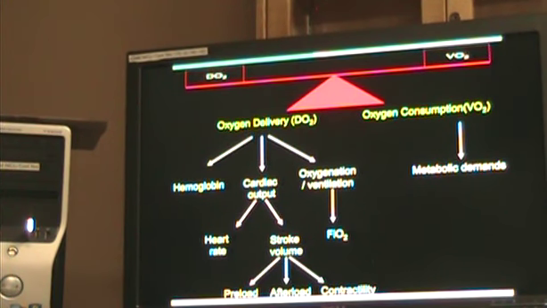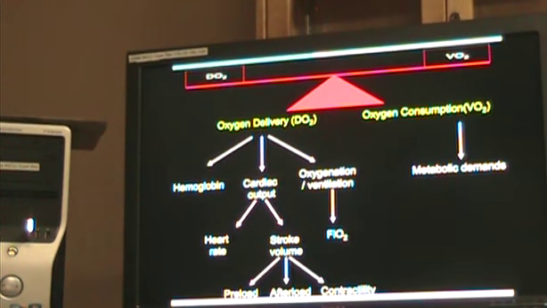But on the delivery of oxygen, there's several things that we have to think about. And again, cardiac output, we keep on going back to that equation I told you. Cardiac output equals heart rate times stroke volume. Again, our oxygen delivery is contingent largely on our cardiac output. But it also is contingent on our hemoglobin.